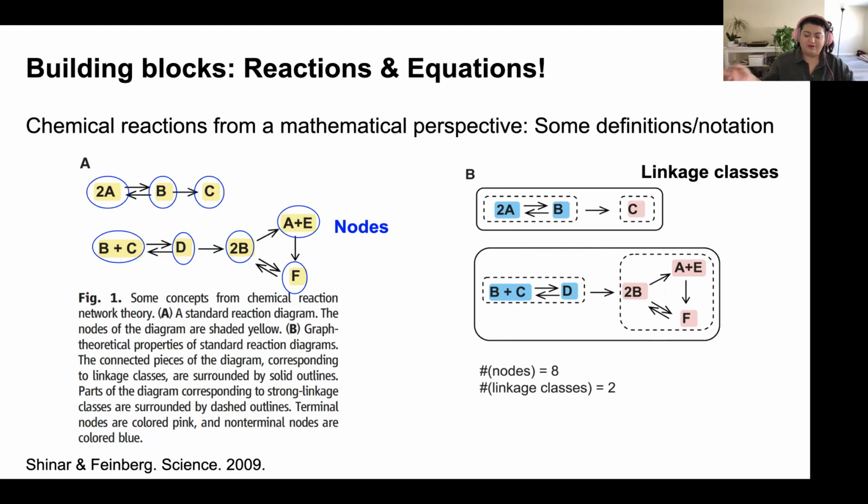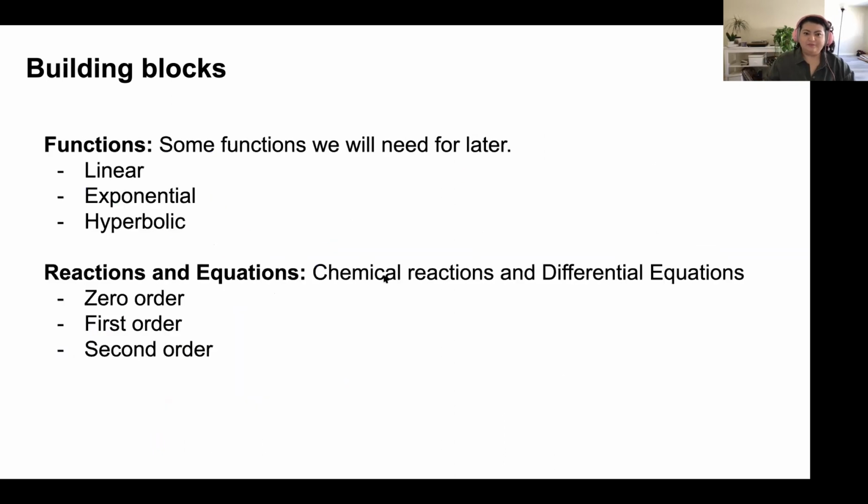That is something we could learn later in the future if we want a more advanced intro to modeling. For now, we're only going to learn a little bit of the definitions, which is that we can always have nodes in any chemical reactions, and the nodes are basically made up of the reactants/products.